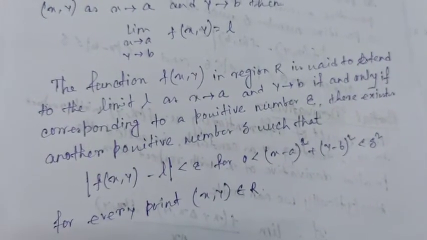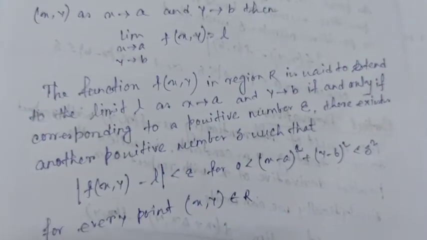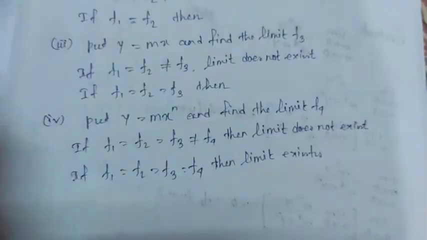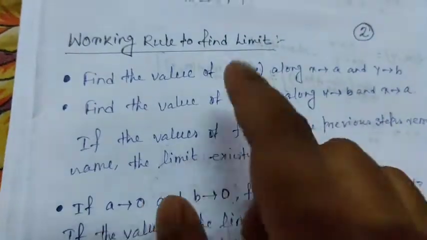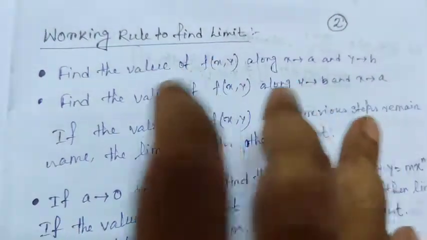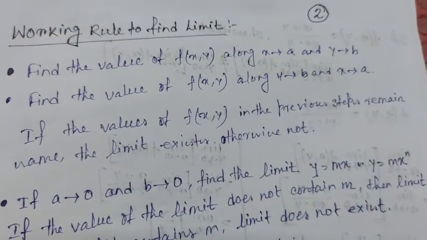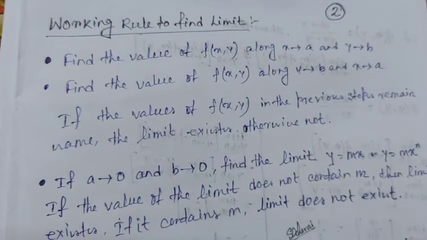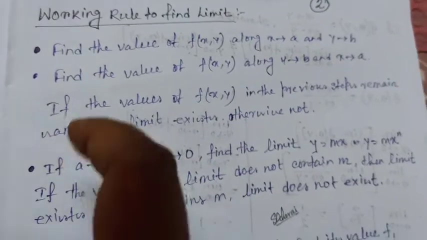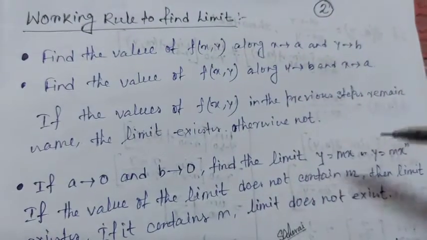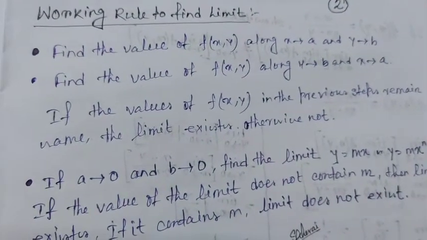But now the question is how can we find the limit? So let us see. Here I write the working rule to find the limit of a bivariate function. Find the value of f of x, y along x tends to a and y tends to b, and find the value of f of x, y along y tends to b and x tends to a. The conclusion is that if the values of f of x, y in the previous steps remain the same, then the limit exists, otherwise not.